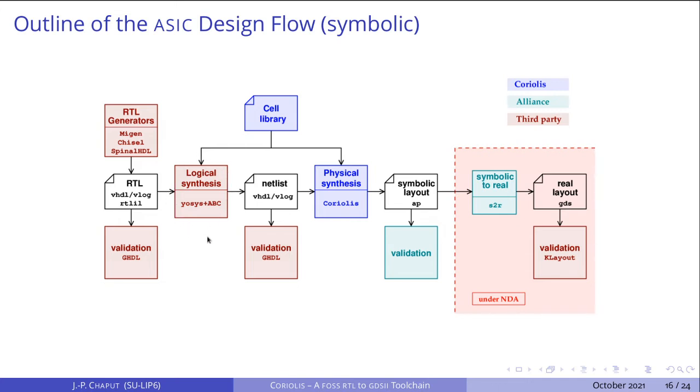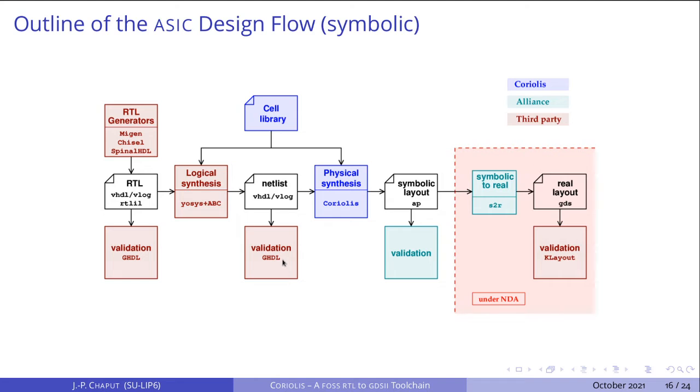The first step of the toolchain is to perform the logical synthesis, which breaks the RTL description into a gate-level netlist, which is also expressed in Verilog or VHDL. At this point, you can also perform a validation with GHDL or another tool. In fact, you perform a resimulation.